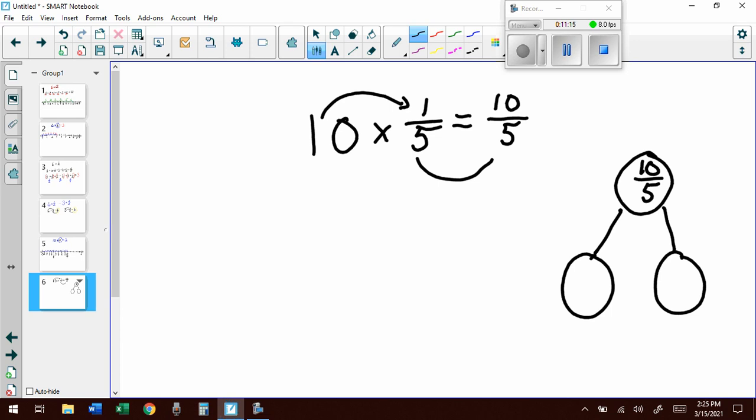Or when you see an improper fraction, what do you do immediately? You partition into one whole, 5/5. Now you ask yourself, 5 plus what equals 10? 5/5.